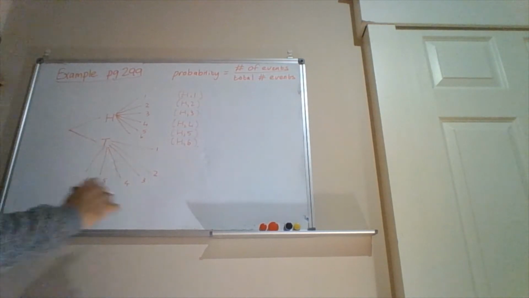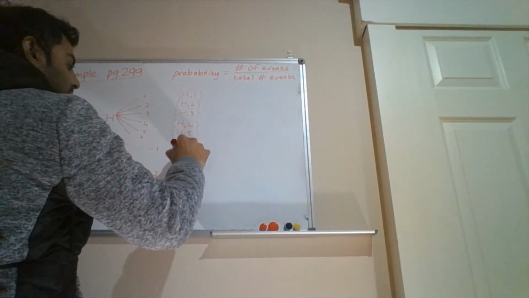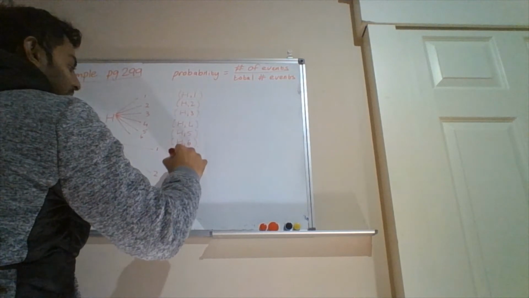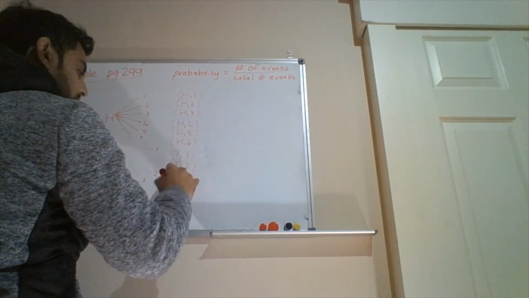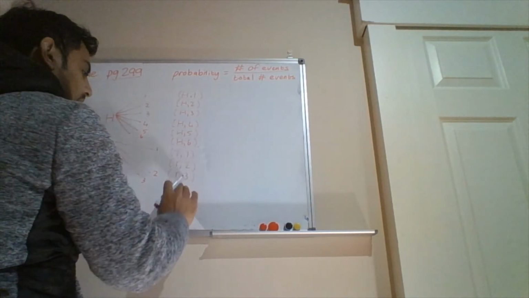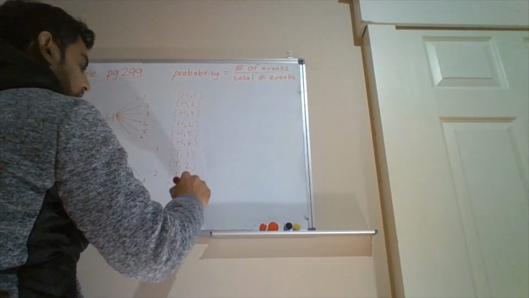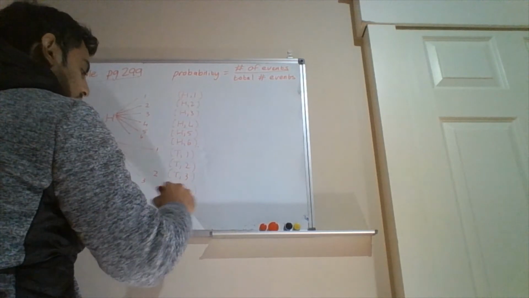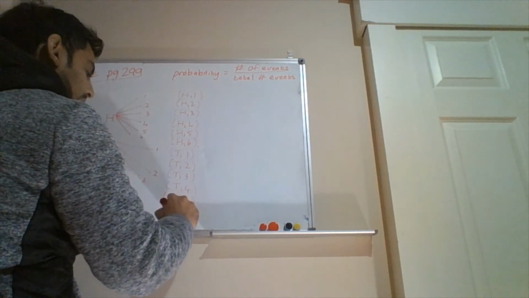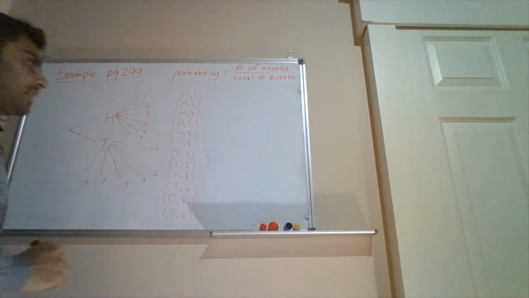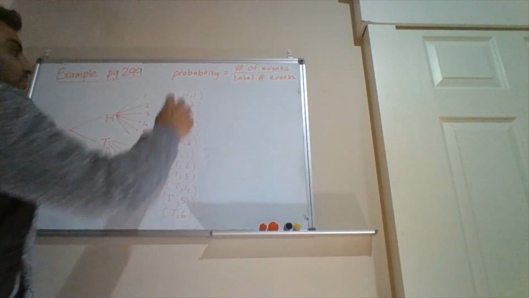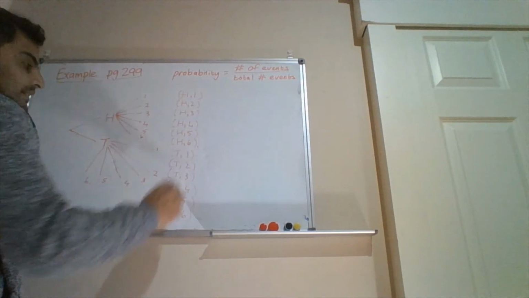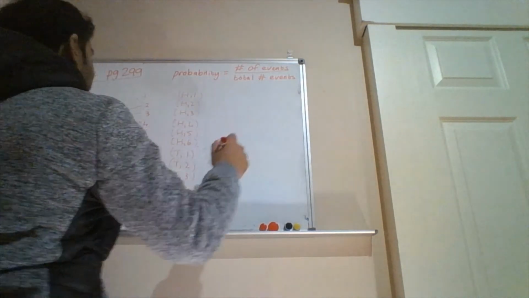And if we follow the lower branch, we get tails and a 1, tails and a 2, tails 3, tails and 4, tails and 5, tails and a 6. So if we count the total number of possible outcomes, we've got 1, 2, 3, 4, 5, 6 plus another 6 is 12.